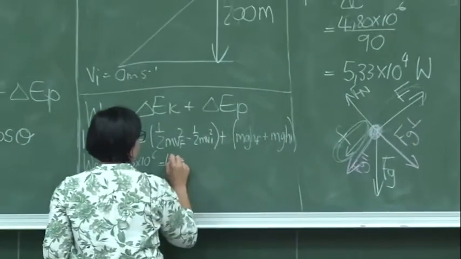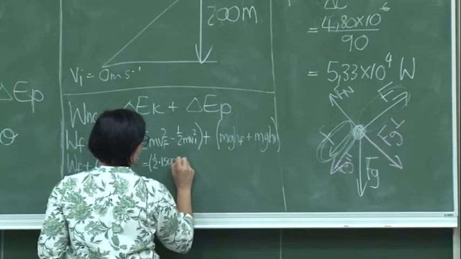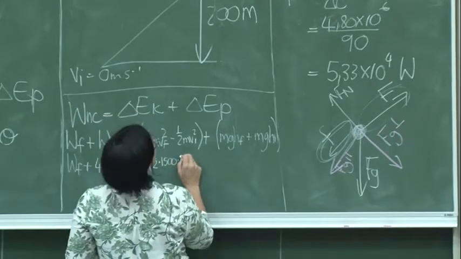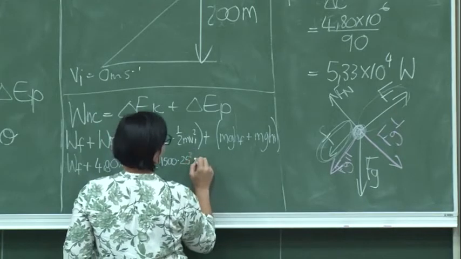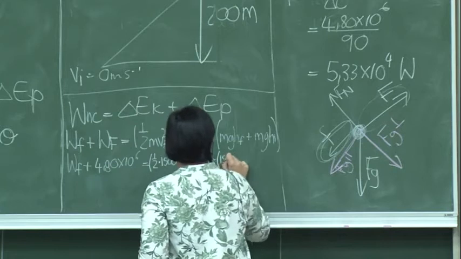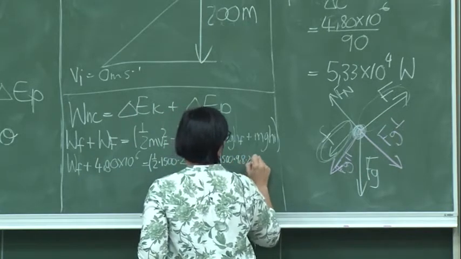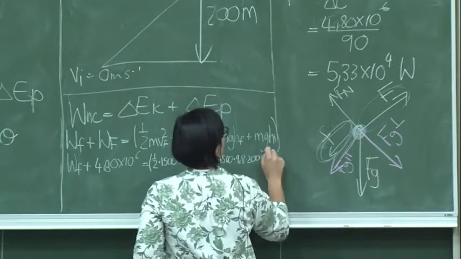So this is going to be half times 1,500 kilograms times 25 squared minus 0 plus 1,500 times 9,8 times 200.